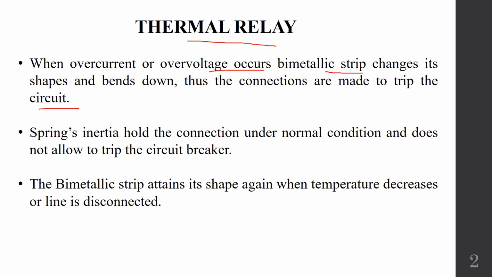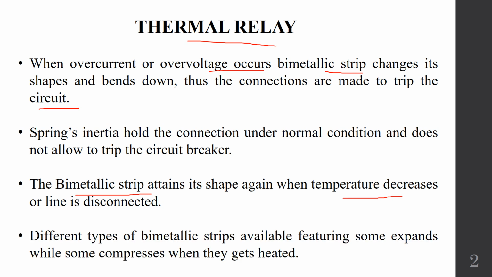So the bimetallic strip changes its shape according to the temperature increment or decrement. There are also various types of bimetallic strips, and depending upon the configuration of the relay, the bimetallic strip can compress when heated or it can expand when heated.